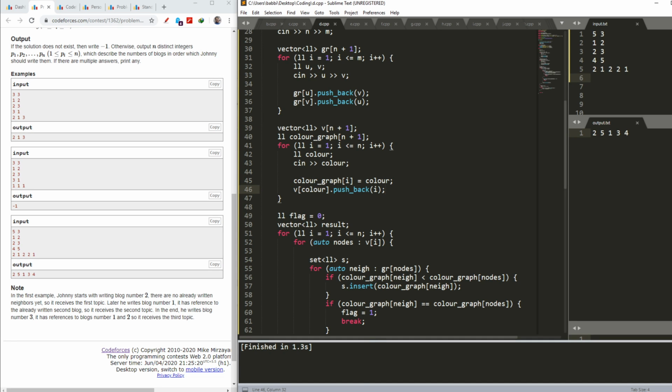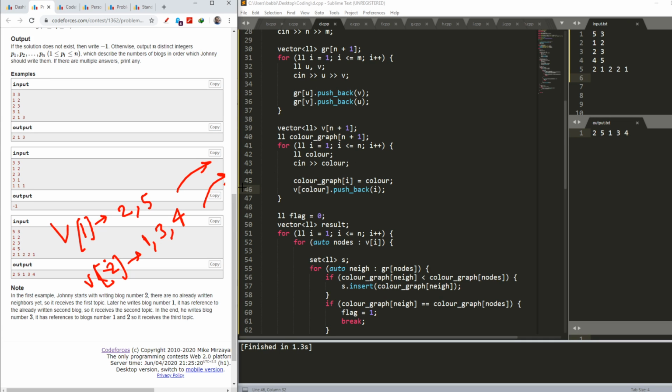For example, for v of 1, I will have nodes 2 and 5. For v of 2, I will have nodes 1, 3 and 4. So it will store this.